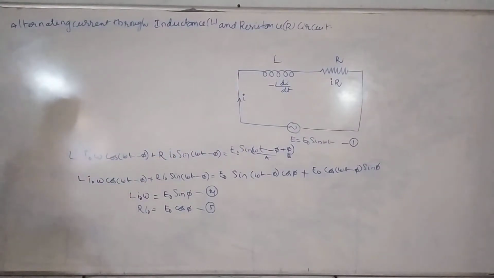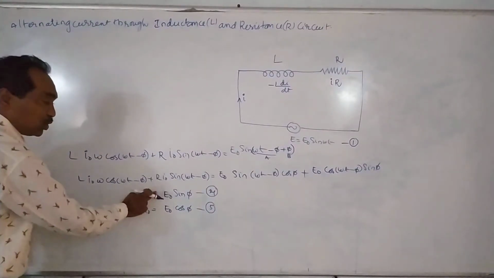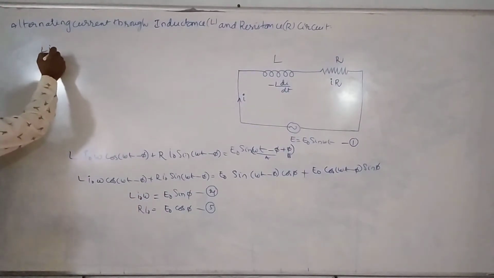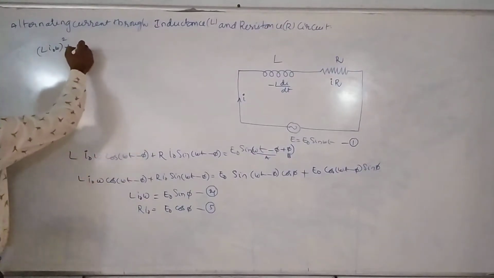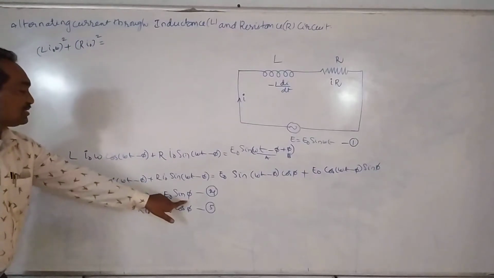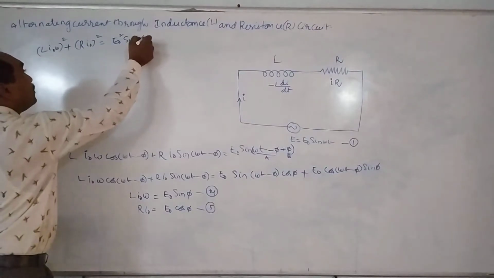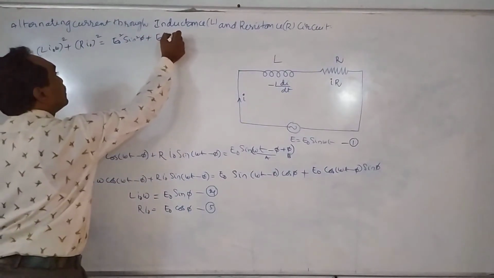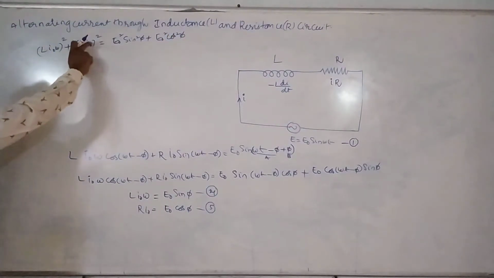That is, squaring and adding those two equations: (L I₀ ω) whole square plus (R I₀) whole square is equal to E₀² sin² π plus E₀² cos² π. Of course, there is also I₀² here and I₀² here.